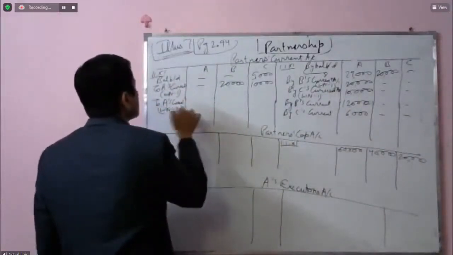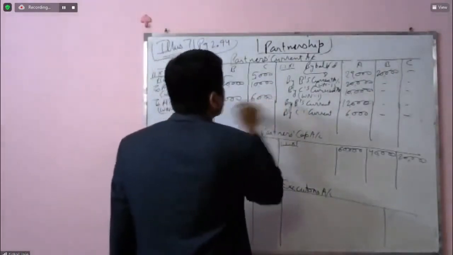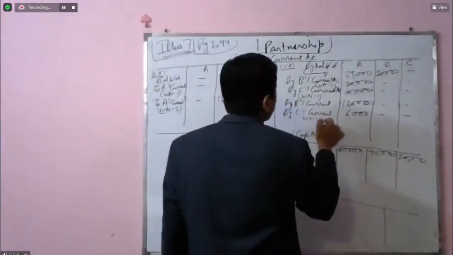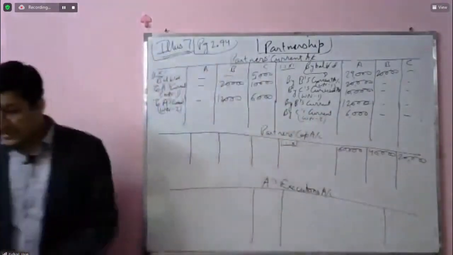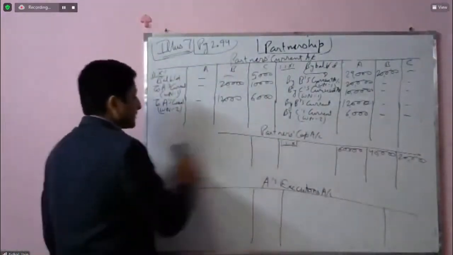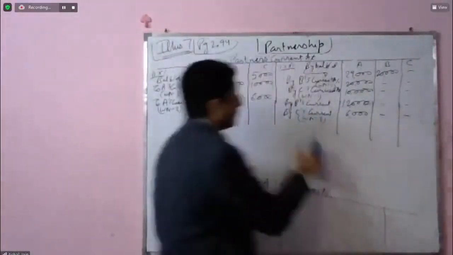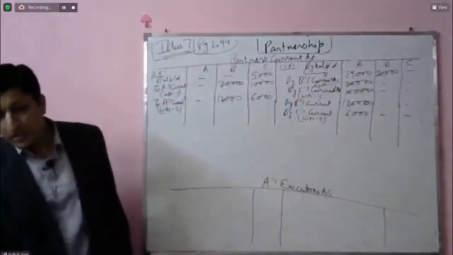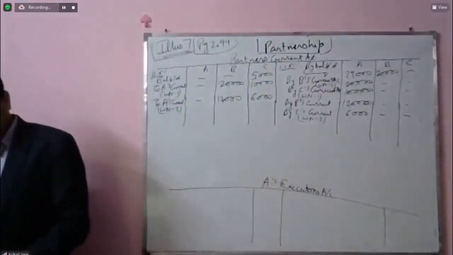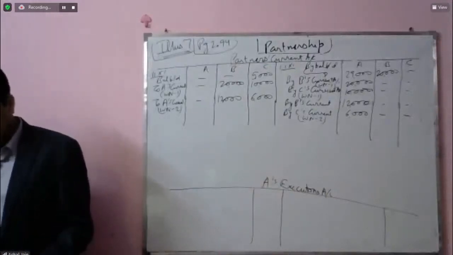This is working note number 2. 12,000 and 6,000. Here again, you can give the working note number 2. And I'm just clearing this partner's capital account for the time being. I'll come back to this one later on. I think otherwise we'll not be able to put down everything in relation to the current account. Okay, so now adjustment in relation to revaluation is done.